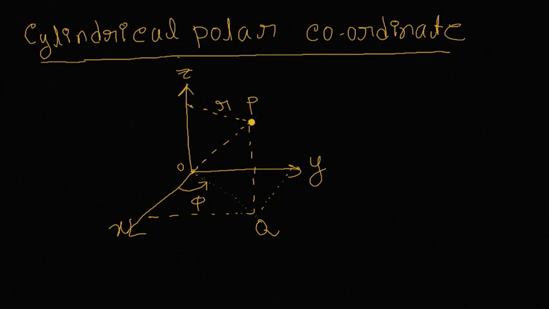Then if we take the direction of unit vectors at this point P, we get that r cap is along the direction of r, phi cap is along the direction of phi and z cap is the remaining direction.